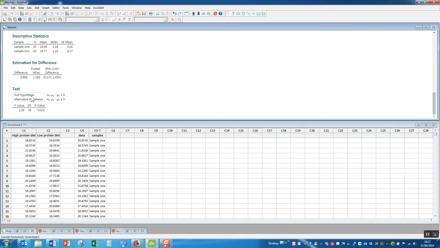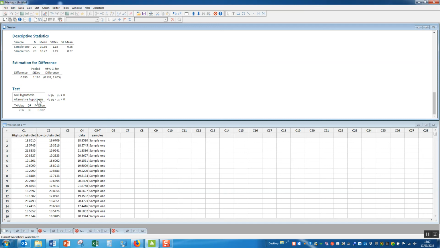And I've still got the same null hypothesis: mu1 minus mu2 equals 0. Mu is the symbol for the sample mean. So the sample mean of sample 1 and the sample mean of sample 2, if I minus one away from the other, I'm going to get something that's not statistically significantly different from 0.